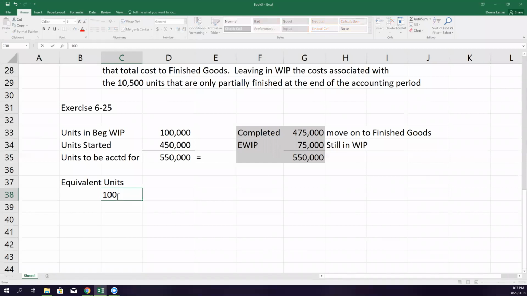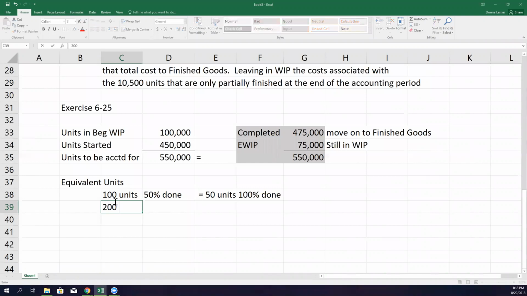If I do 100 units and I get them 50% done, we say that's equivalent to getting 50 units 100% done. That may seem a little strange, but if I get halfway done on 100 different units, that's the same amount of time that it would have taken me to do 50 products from beginning to end.